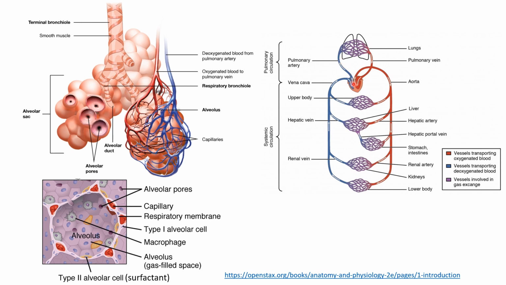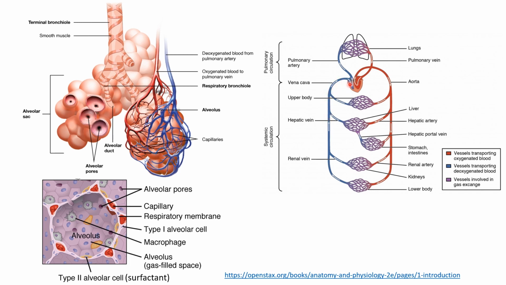It carries blood from the heart to the lungs, which is why it's called an artery, but the artery which is supposed to carry oxygenated blood now carries deoxygenated blood.